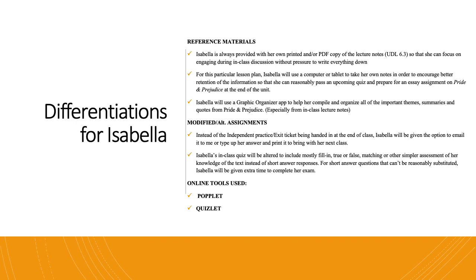For the modified or alternative method of assigning, to differentiate in terms of that aspect, instead of the independent practice exit ticket that is required where students are writing a paragraph or a page about the societal norms that they found in Pride and Prejudice, Isabella can have the option of emailing the assignment later, typing up her answer, and bringing it next class.